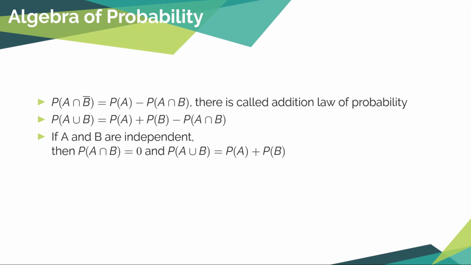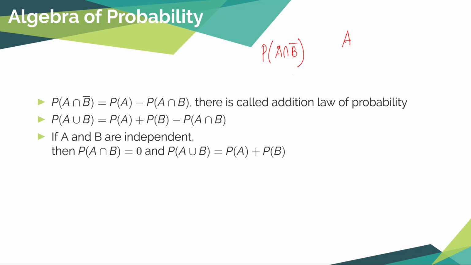And the next one is, now this probability of A intersection B, what does this denote? This denotes, suppose you want to find out the probability of happening of A and not happening of B. That means A happens and B does not happen, right?